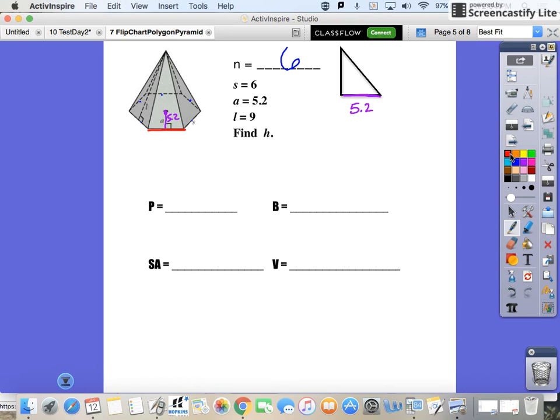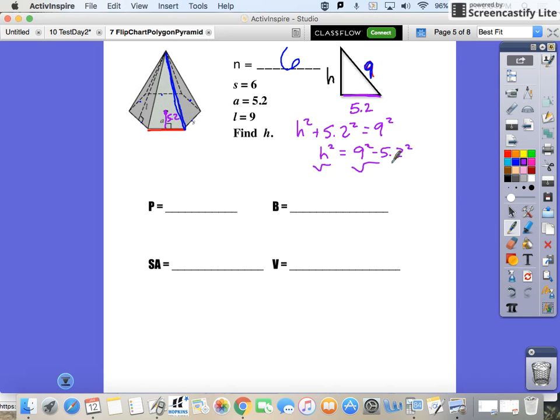And then they told us the slant height is 9. So we need to find the height, which is right here. Again, we have 2 out of 3 sides on a right triangle, so we can say h squared plus 5.2 squared equals 9 squared. We can subtract 5.2 squared on both sides.